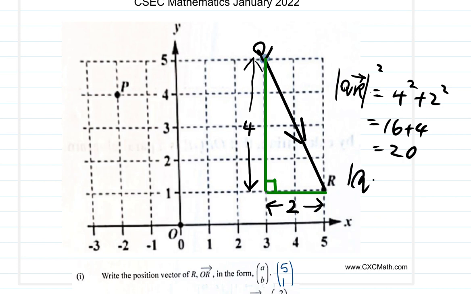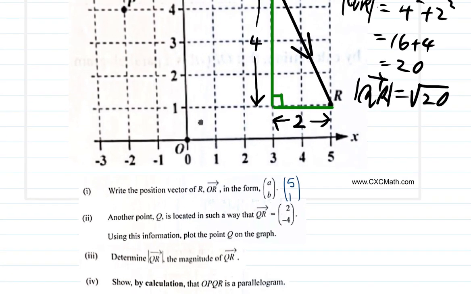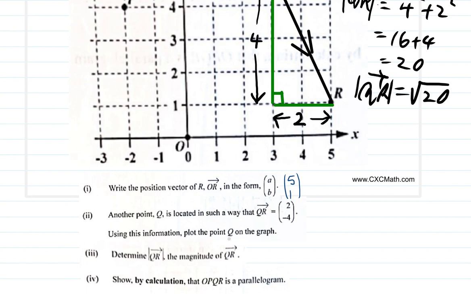So the magnitude of QR would be the square root of 20. Alright? And you calculate the square root of 20. That would be the magnitude of QR.